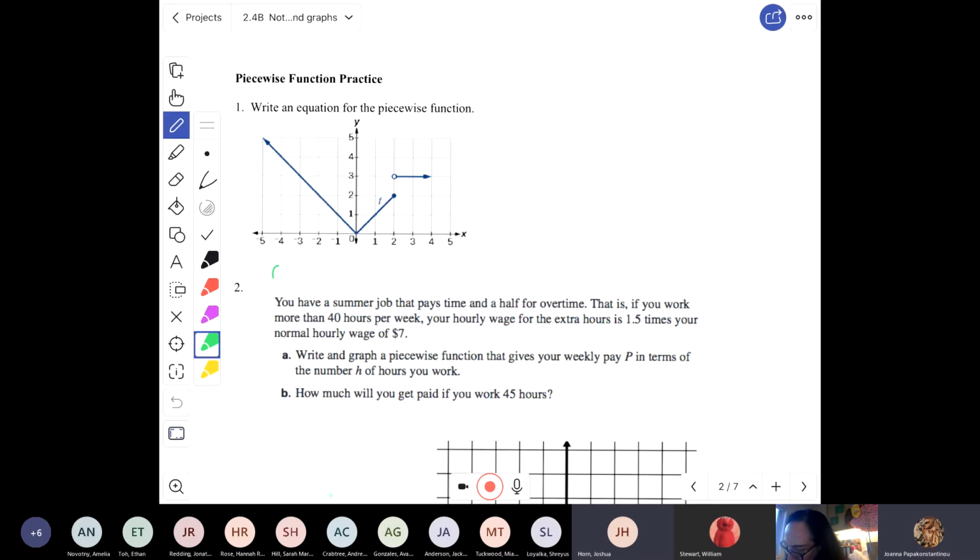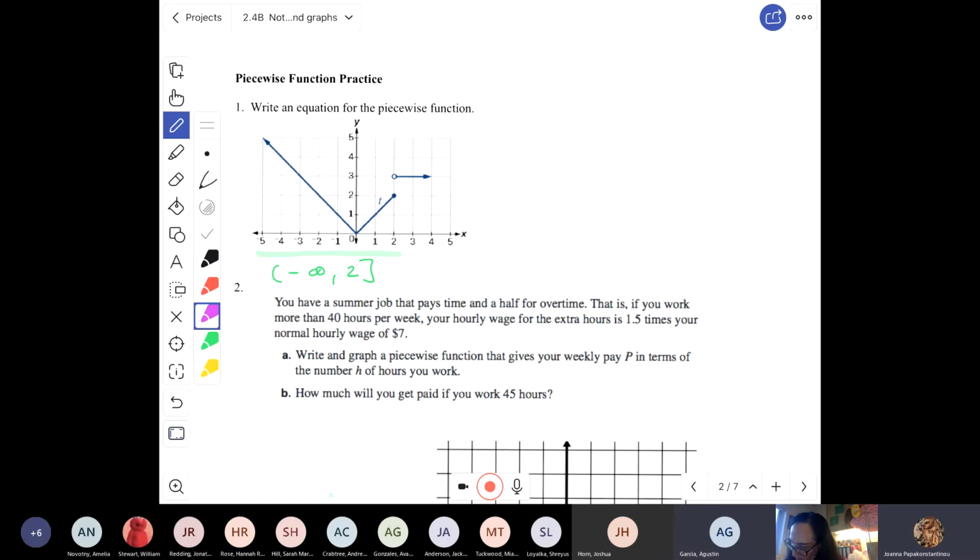Negative infinity to 2, closed bracket. I like it. So that's defining this piece right here.